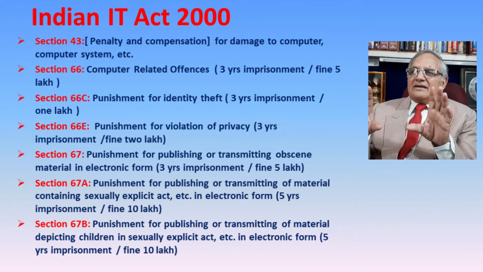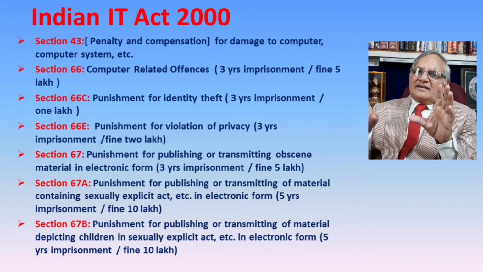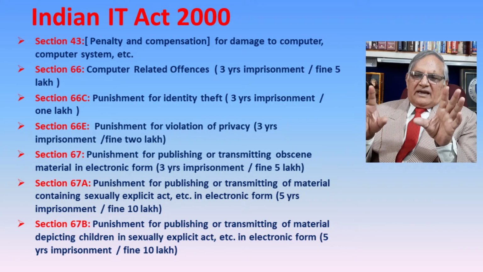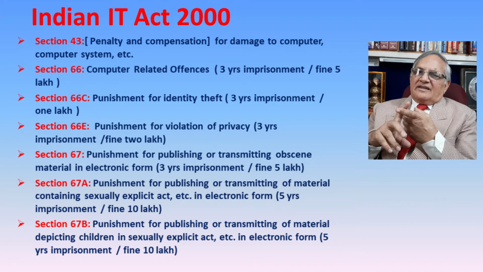This is a very exhaustive section. Anyone who records in any electronic form abuse of children or any material pertaining to a sexually explicit act with children commits this offense under section 67B, and it is punishable with 5 years of imprisonment and a 10 lakh rupees fine, and on subsequent conviction, the imprisonment is 7 years.